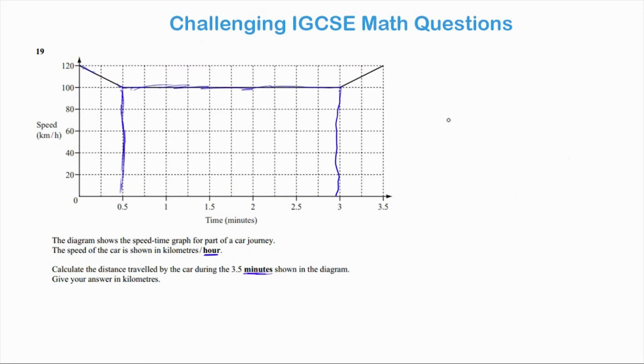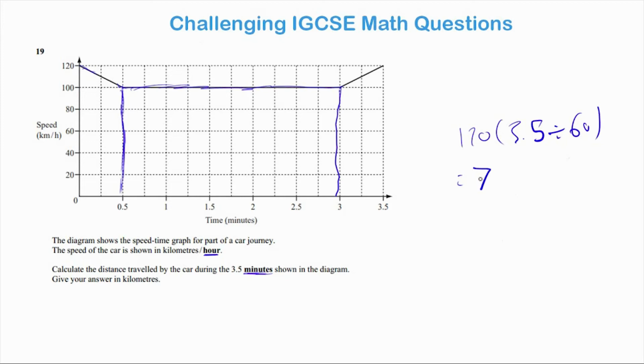First I'll find the area of the whole rectangle. So 120 multiplied by 3.5 divided by 60, so that we can convert it to hours, and that would give us 7.